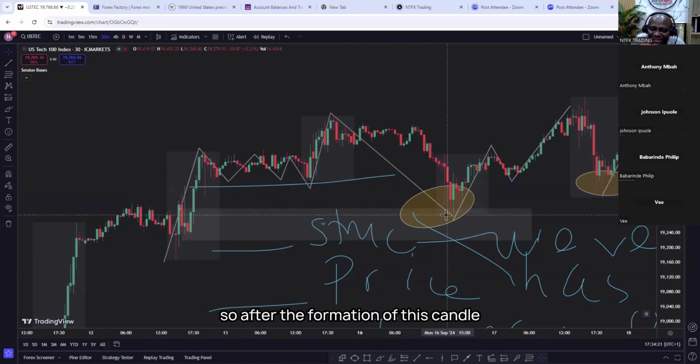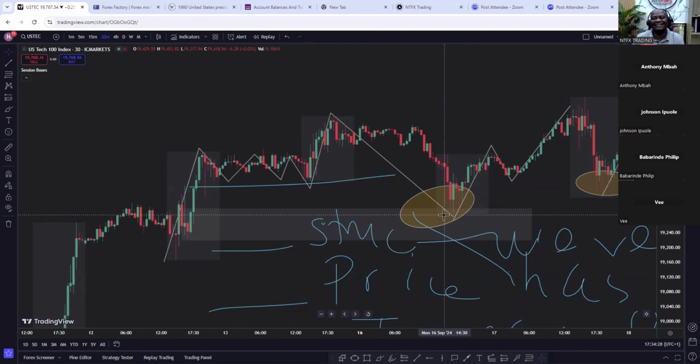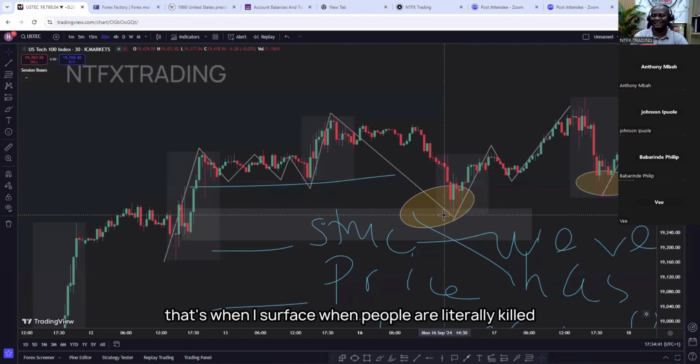So after the formation of this candle, there was a liquidity grab, but there was no injection, no entry yet. I'm showing you the secret of why it's difficult for the market to take me out when I get my entry. It is when other people have been murdered, that's when I surface.